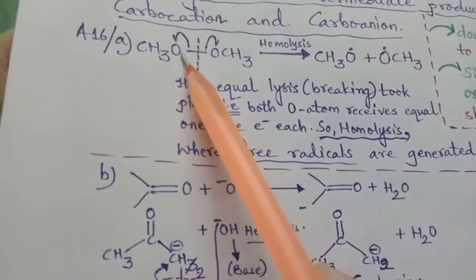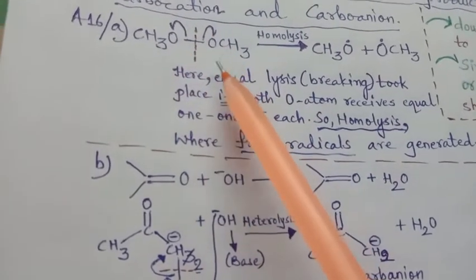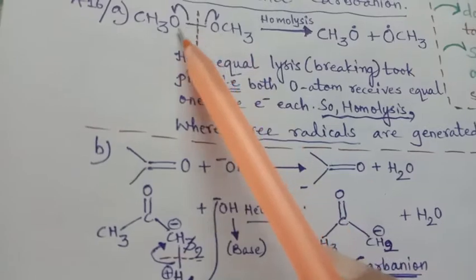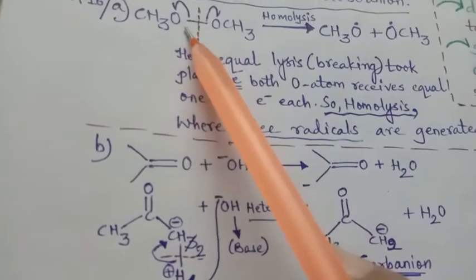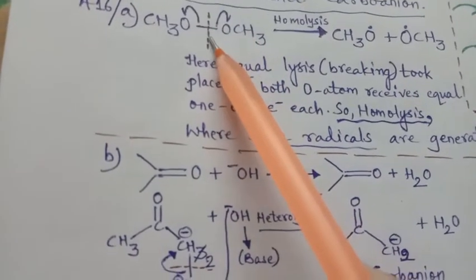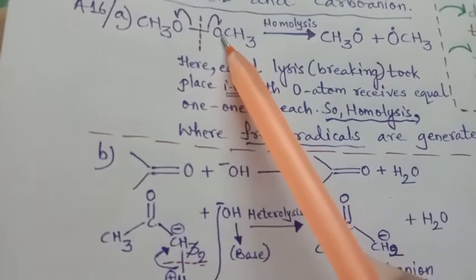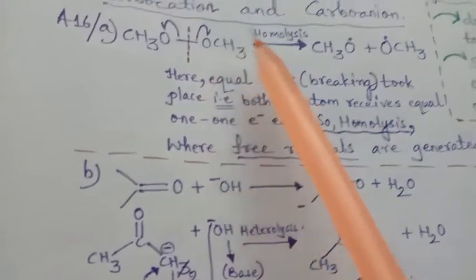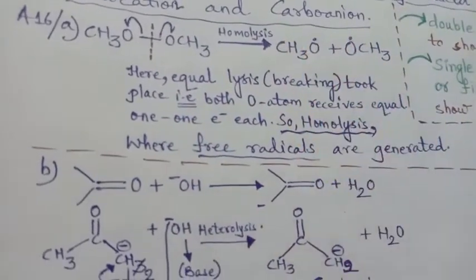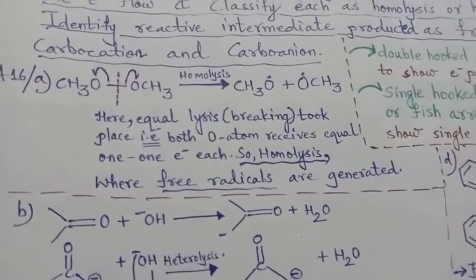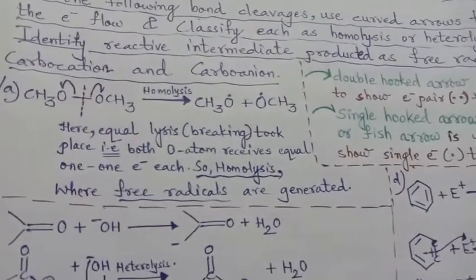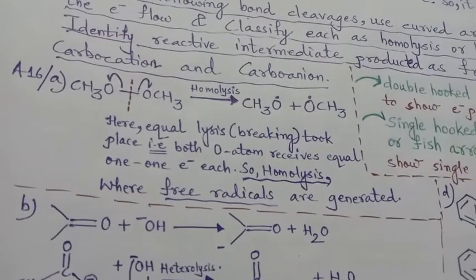That means no atom has given an electron and the other atom has accepted the electron. It's not a cation and anion. It is the sharing of the same number of electrons, and so they are called free radicals. So please take care of this: what are free radicals, what are carbocations and what are carbanions. Right?